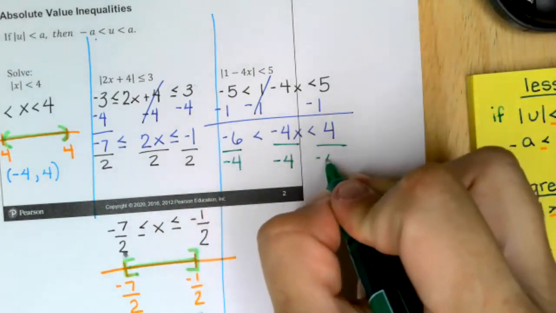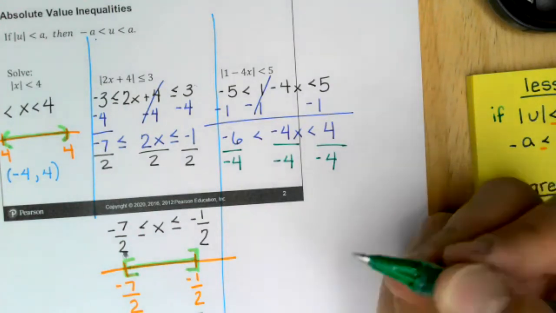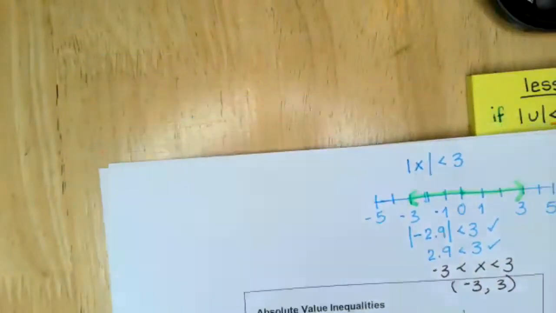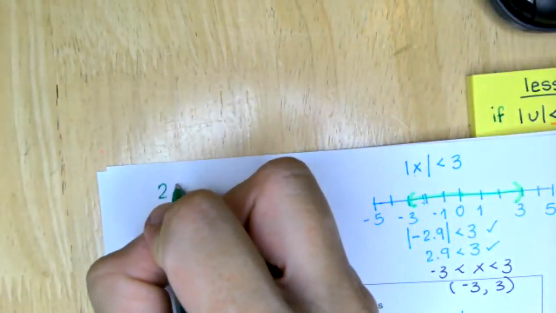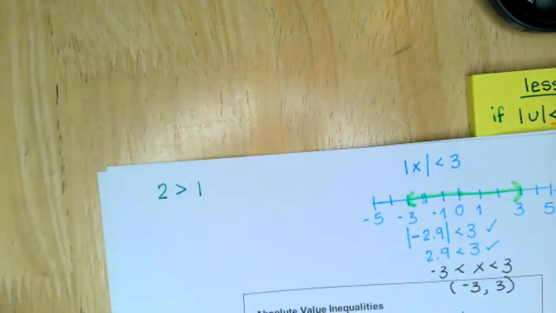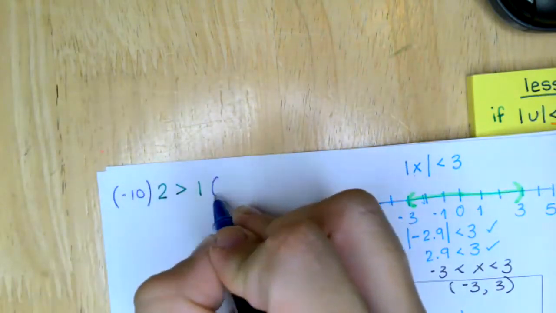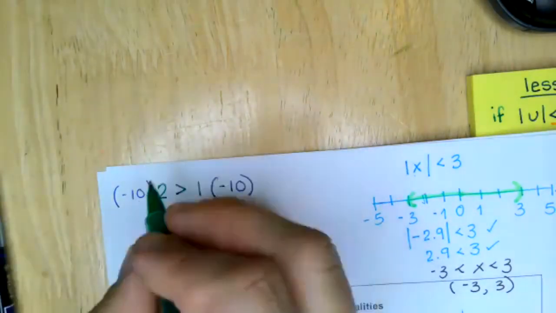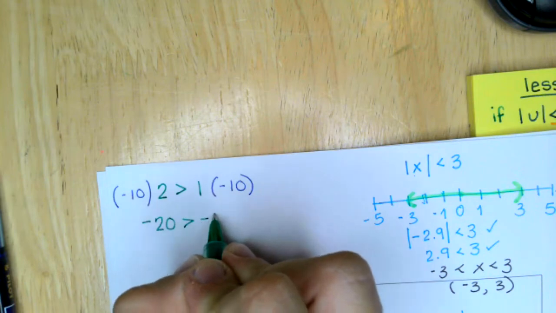Because I'm dividing by a negative, remember, we flip the sign. Do you remember why? 2 is greater than 1. True? What if I multiply them both by a -10? Now I have -20 is greater than -10.